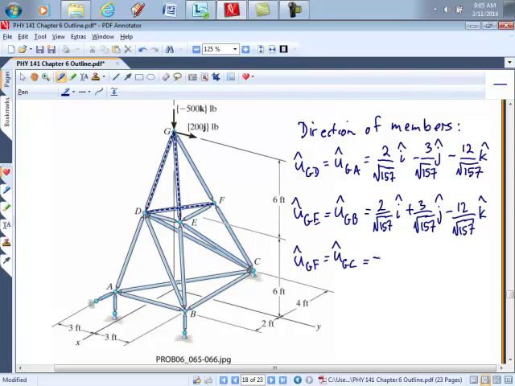Minus 4 i hat. How far do we go in the y direction? This is in line with B. B and C are parallel to the y-axis, so that'd be plus 3 feet in the y direction, and then it's still going to be minus 12.